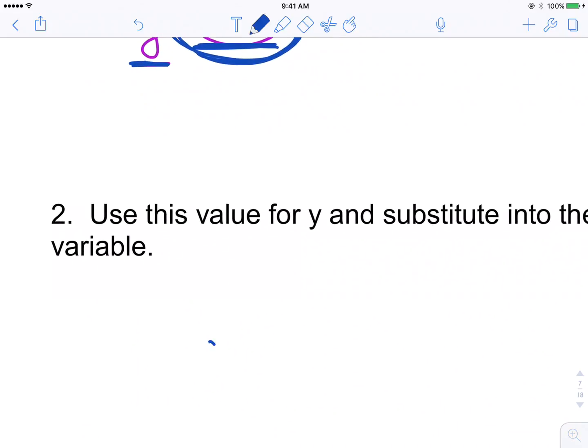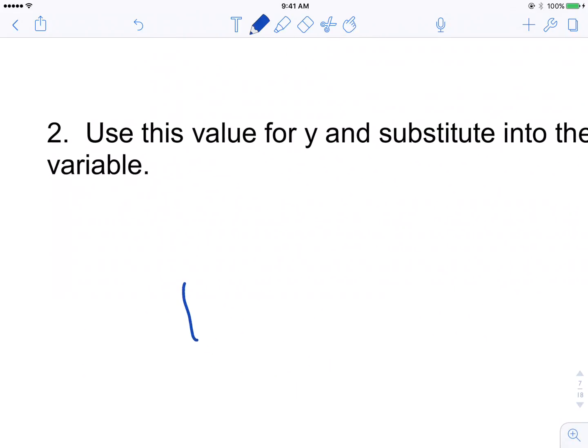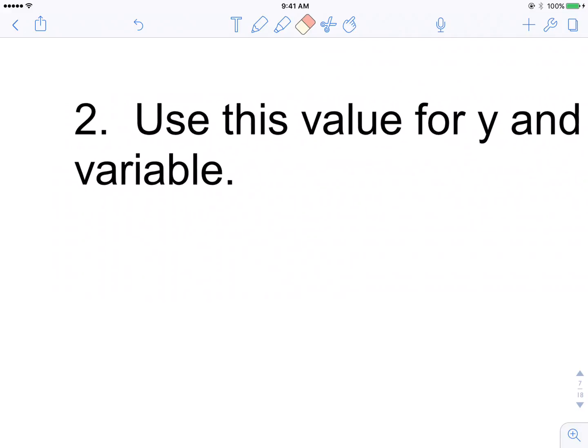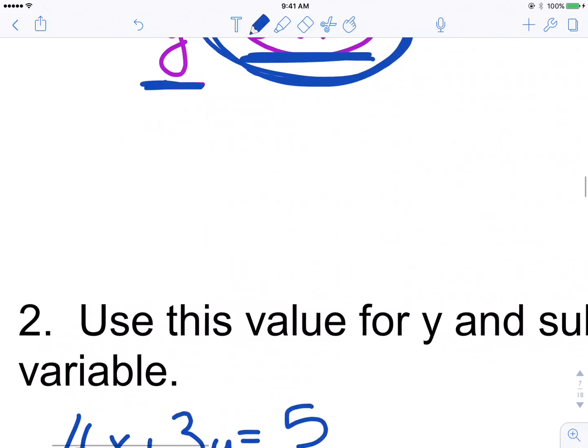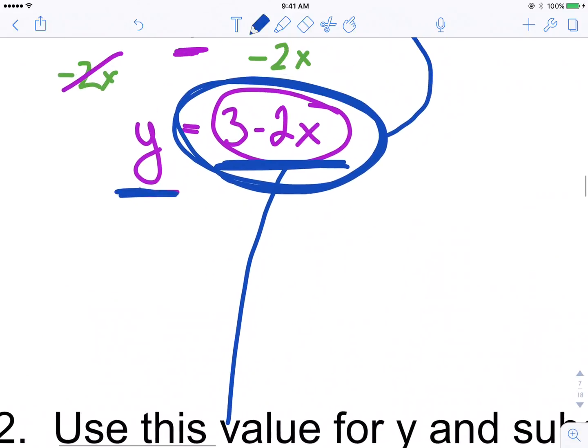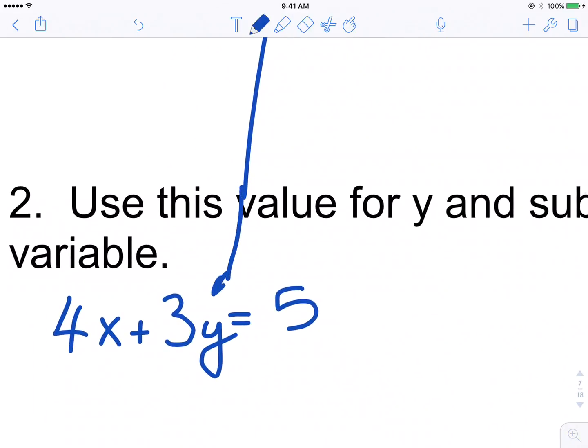So down here I take my second equation, which was 4x plus 3y is equal to 5, and I'm going to substitute this thing, 3 minus 2x, in for y.